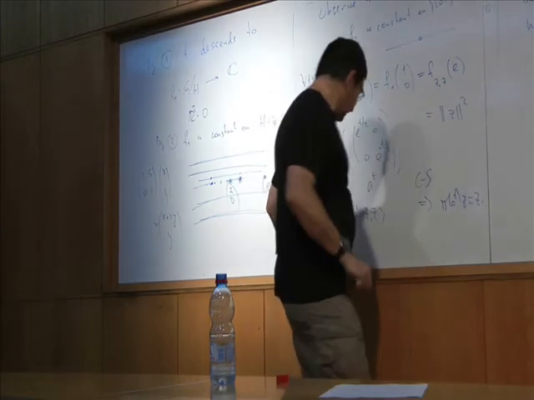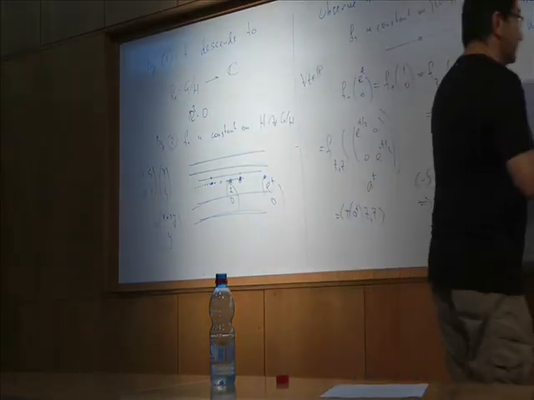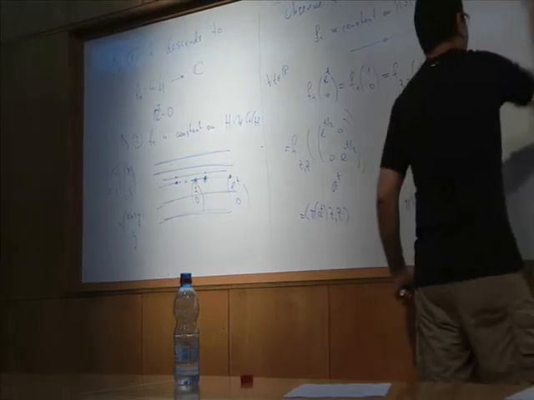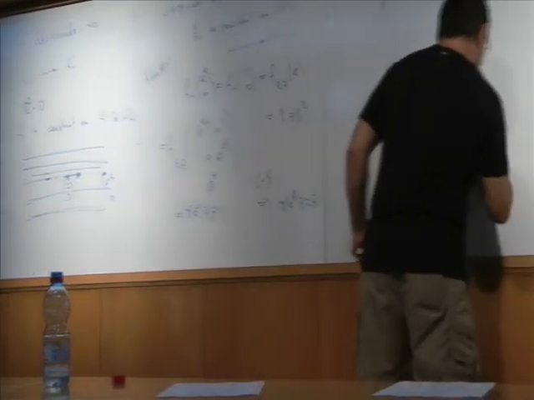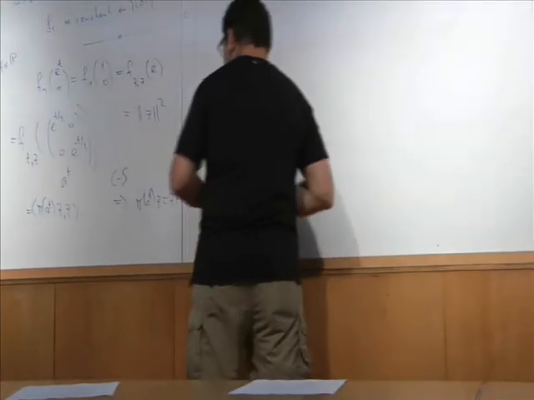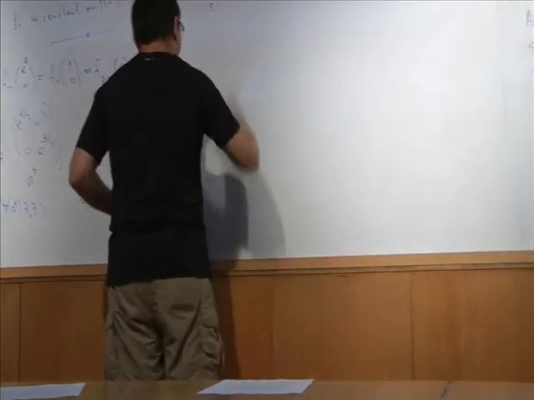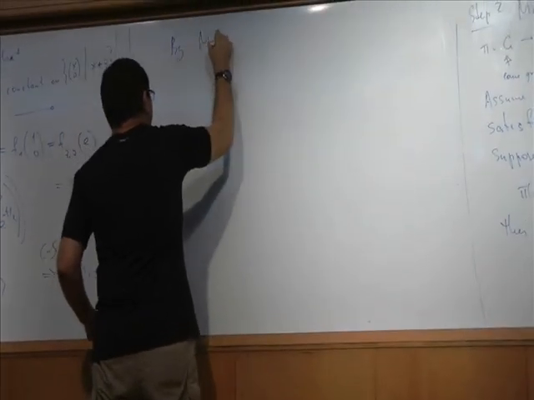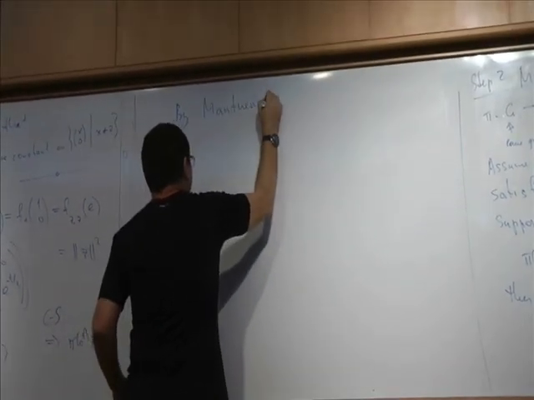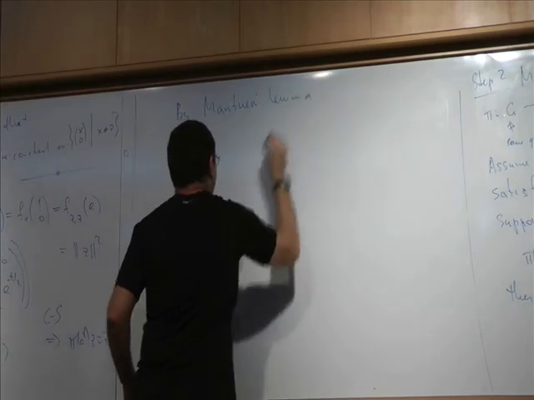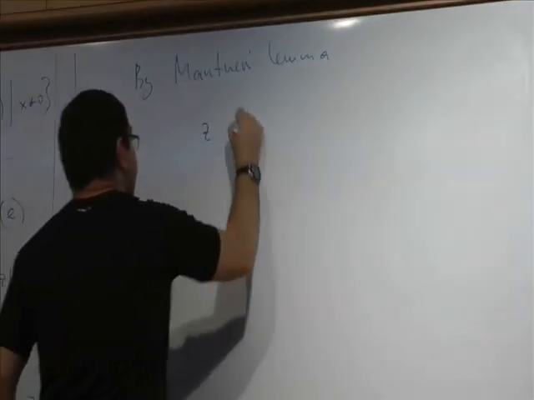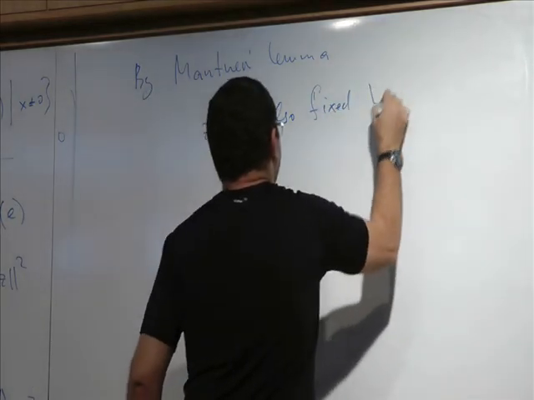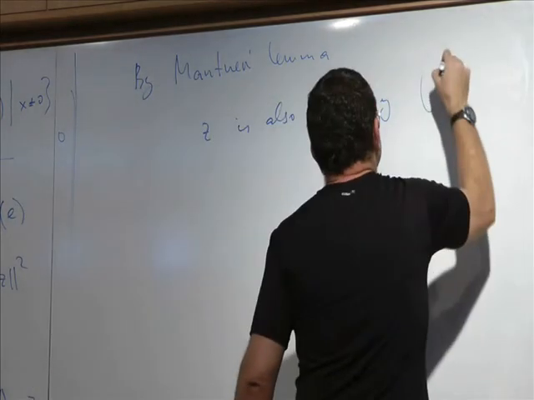And now, I'll just take 30 seconds to finish this case. What you do is you say, okay, then Mautner's lemma again. You see that this Z is also fixed by these matrices.